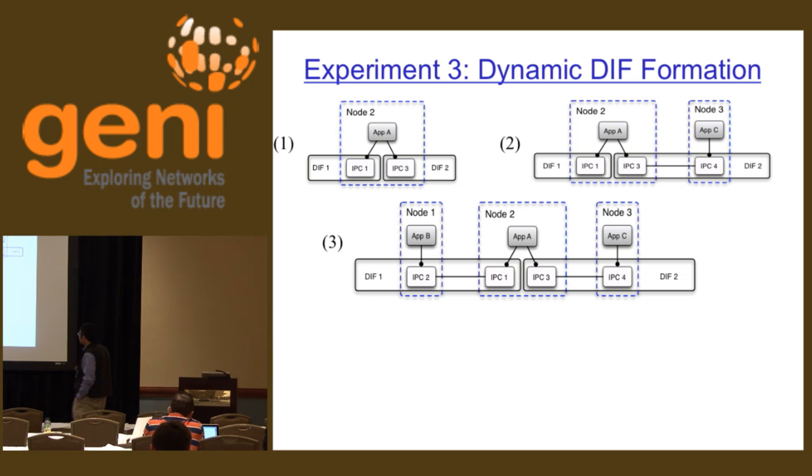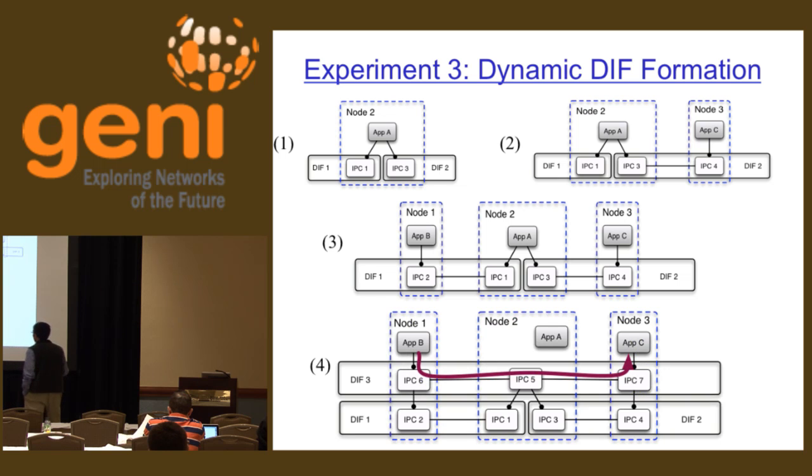Here I have a situation where FB can talk to FA through this underlying DIF. FA can talk to FC through this underlying DIF. But if this one wants to talk to that one, a new DIF layer gets formed that spans these 2 lower layer DIFs. In this case, think of this as a relay application.